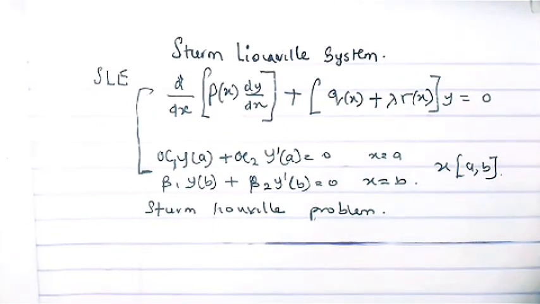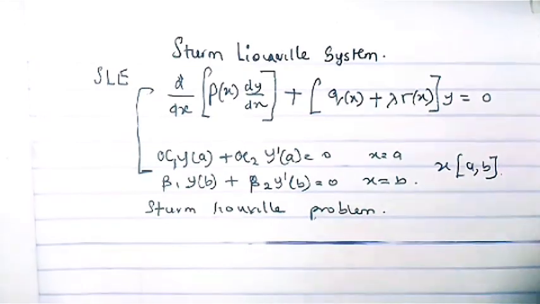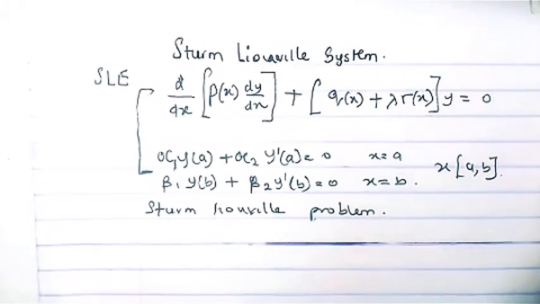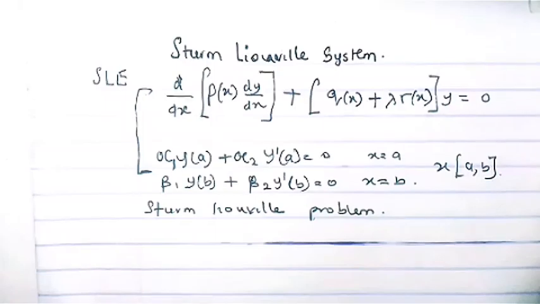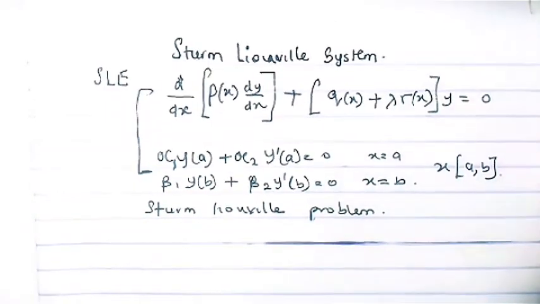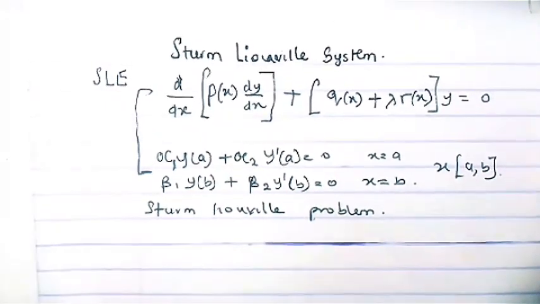Well, let's just do something. So now, if you are asked to solve a Sturm-Liouville problem, you'll be given an equation. Let me take an example for you to understand.